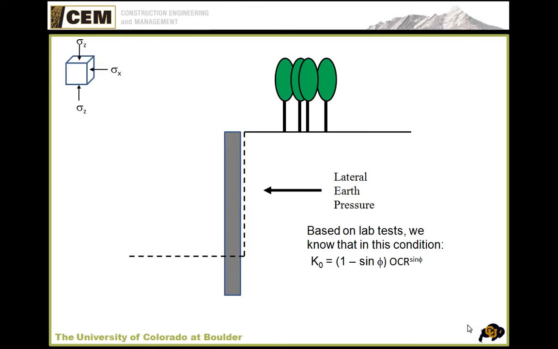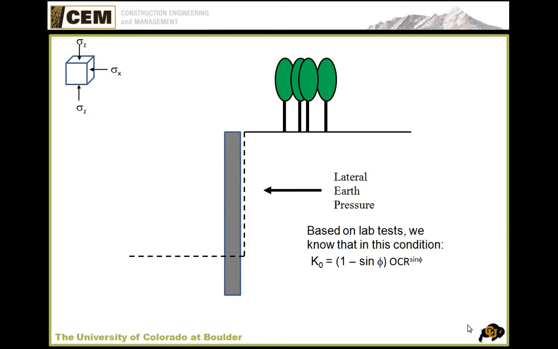Now, what we know from lab tests is that we have this at-rest condition, which we're going to call K naught, where the relationship is 1 minus sine of phi, which is your friction angle, times the over-consolidation ratio raised to the power of sine phi.